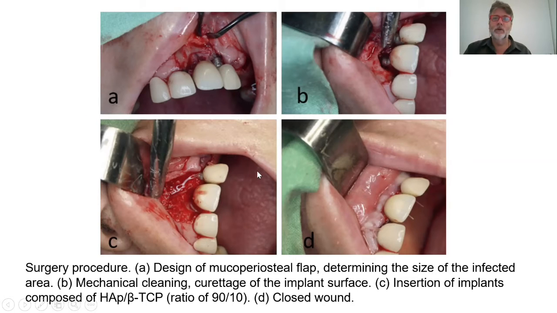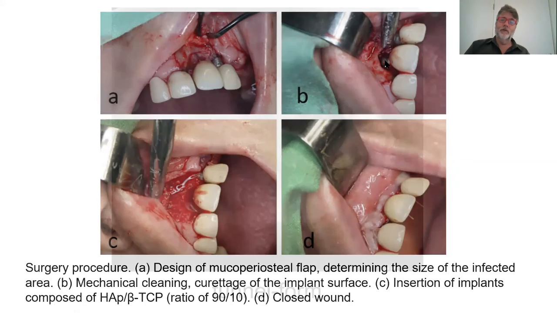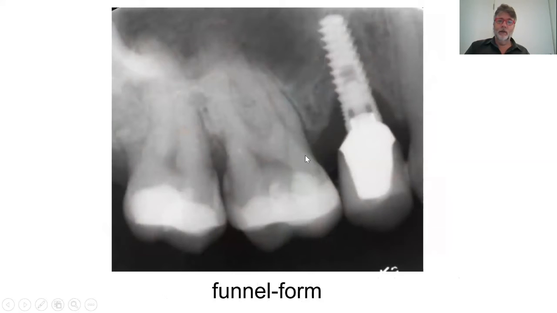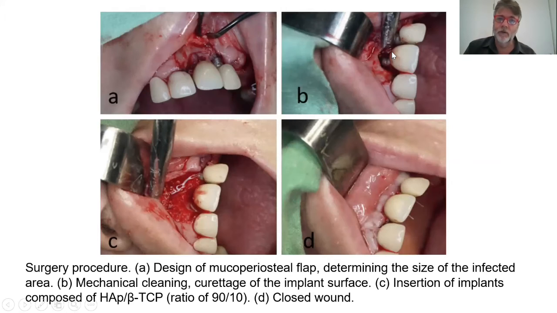And what you can do is you can take away any granulation and infected tissue there, you sanitize the surface of the implant, and then you graft it with a particulate graft material of your desire, and you pop that into there, and then you suture it all back together. So you've cleaned away the infected tissue, and you've got bone all the way around it, but it's like this donut of bone loss. So you've still got the labial plate there.